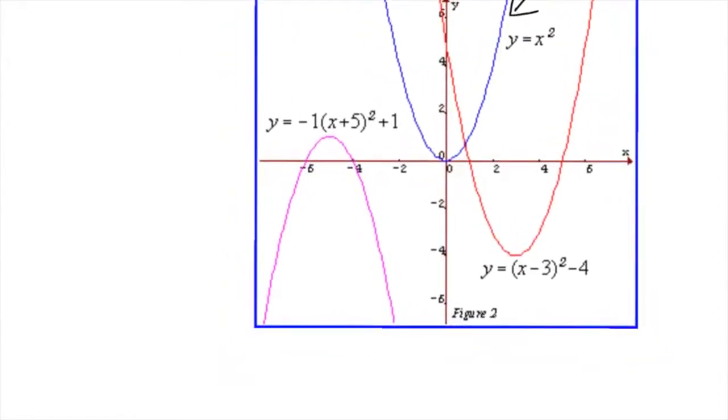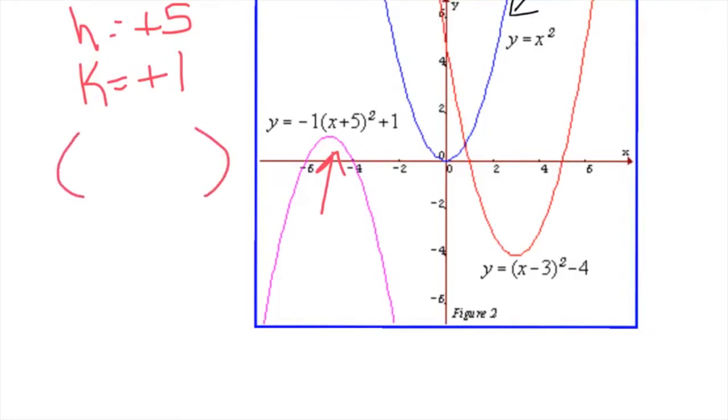So our first equation, the one that we'll deal with in pink, right here, says that our vertex has a value somehow related to x plus 5 and positive 1. So our h value is positive 5. Our k value is positive 1.